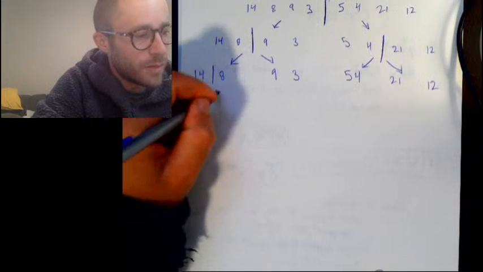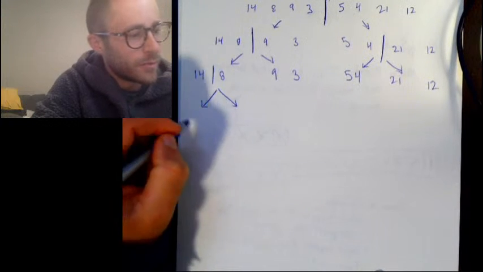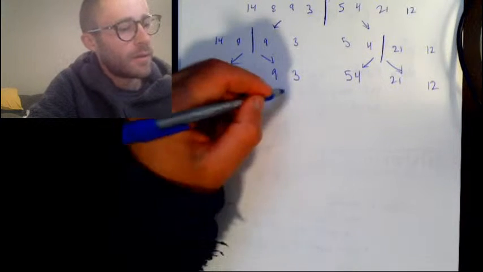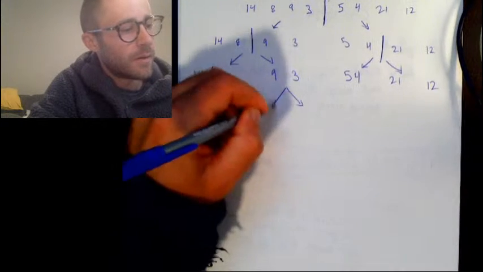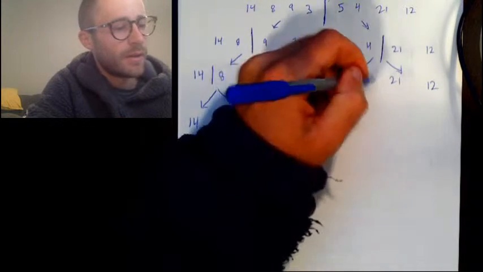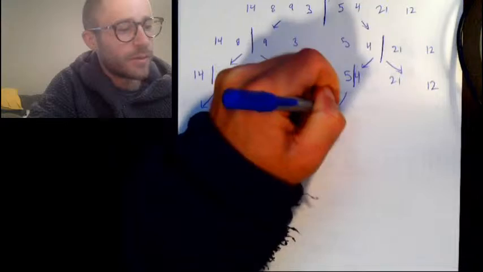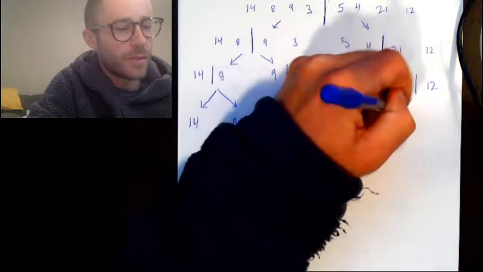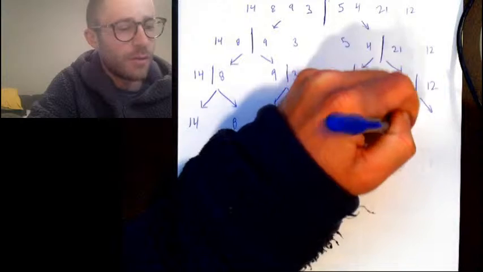So I split them up. This one becomes 14 and 8. This one becomes 9 and 3. This one becomes 5 and 4. This one becomes 21 and 12.